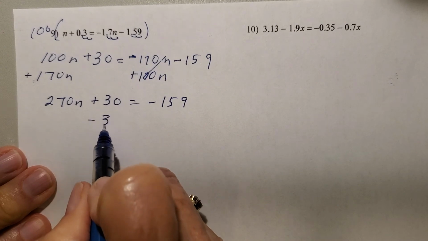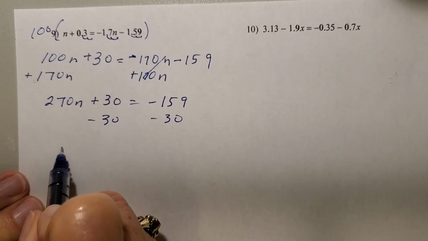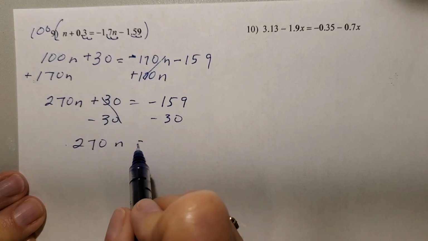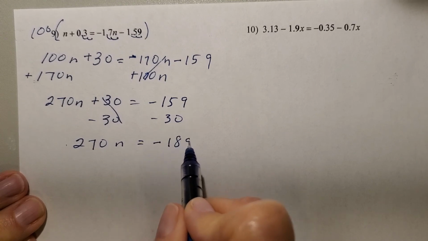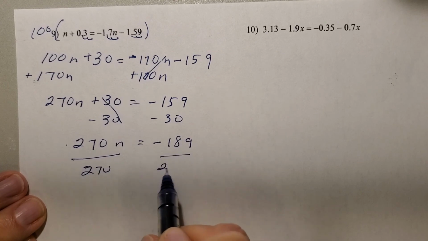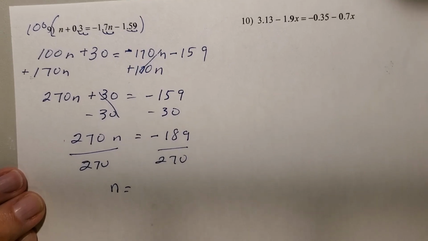So we'll subtract a 30. That gives us 270n equals negative 189. Divide by 270. You figure that out using your calculator. All right.